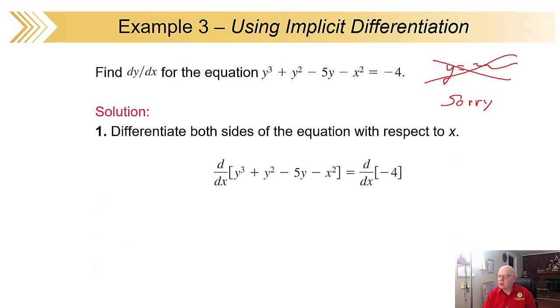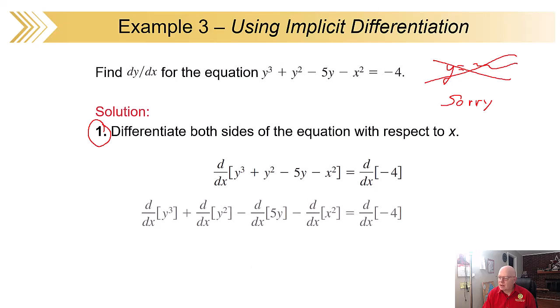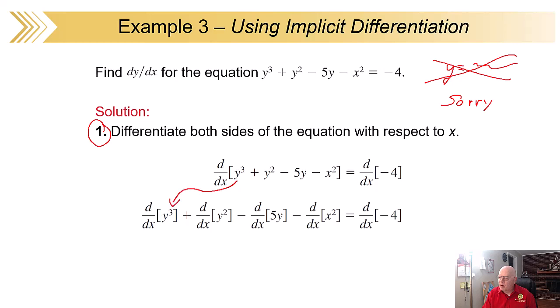So we'll differentiate both sides of the equation. That's step number 1. So differentiate each of those terms. What does that look like? Well, there's the y cubed part, and there's the y squared part, and the minus 5y part.